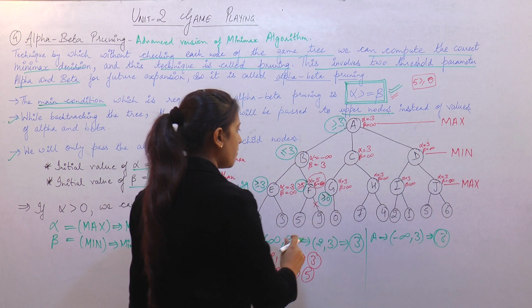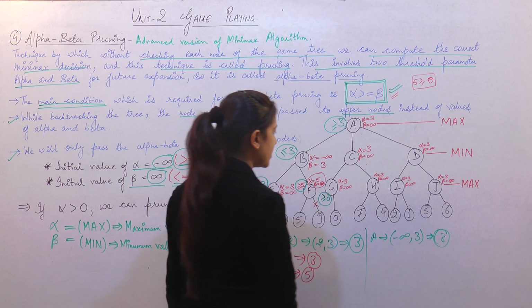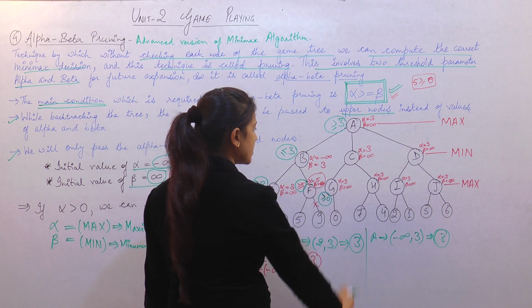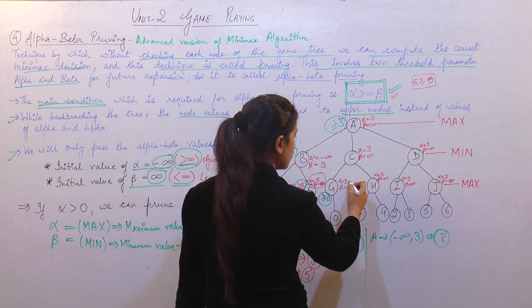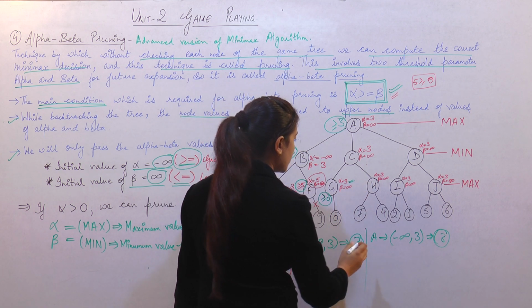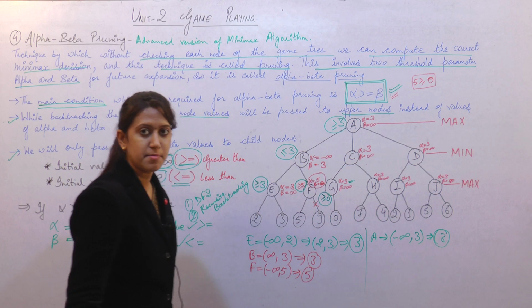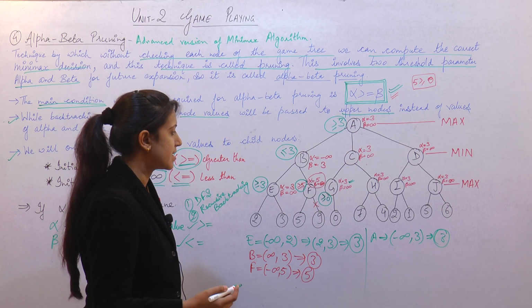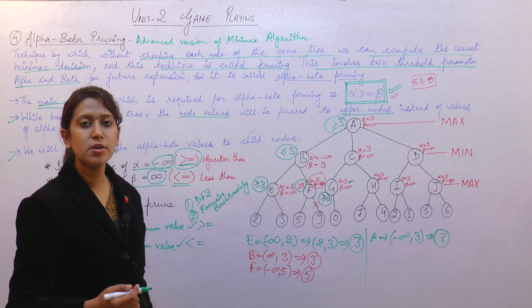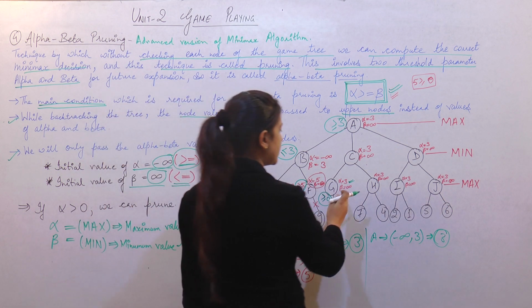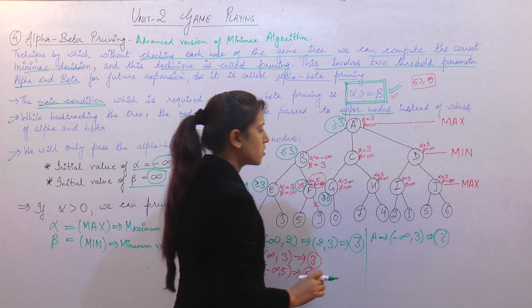Then we calculate the value of alpha. Since alpha is 3 and 3 is greater than 0, we already have the better values of alpha and beta, so there will be no change in the values of alpha and beta. Then we will backtrack to node C.